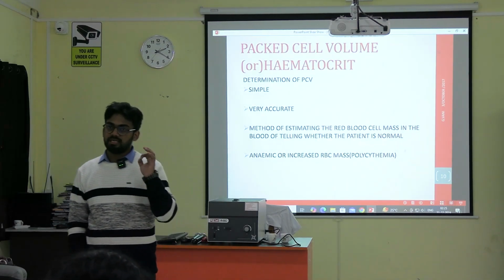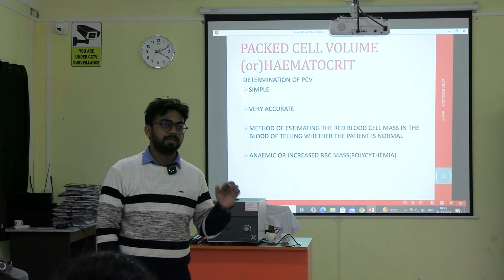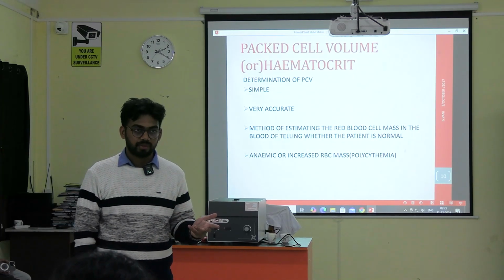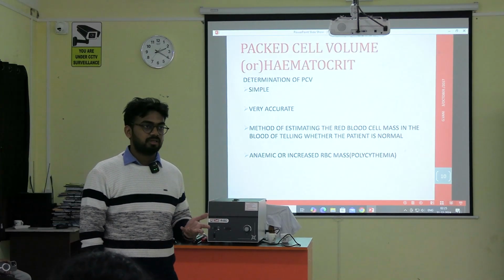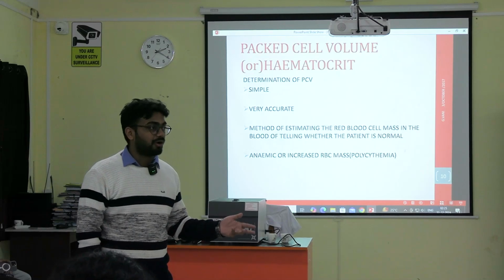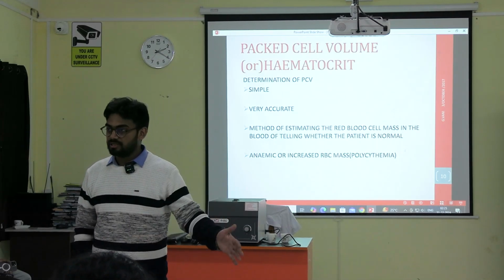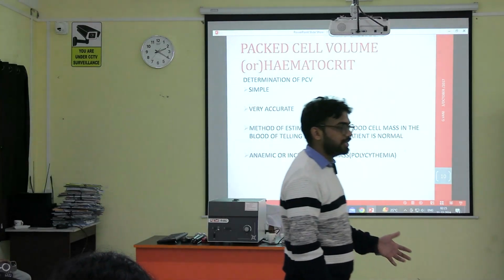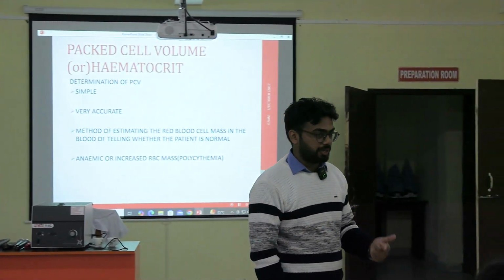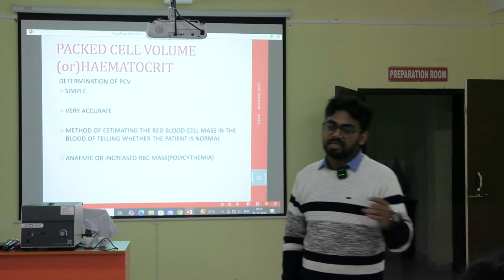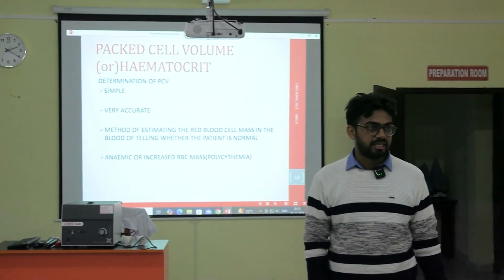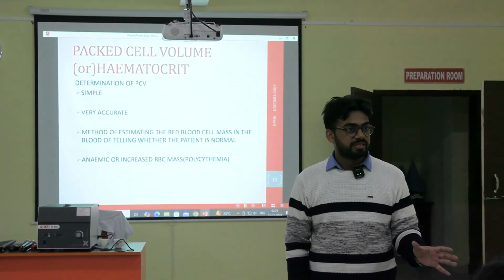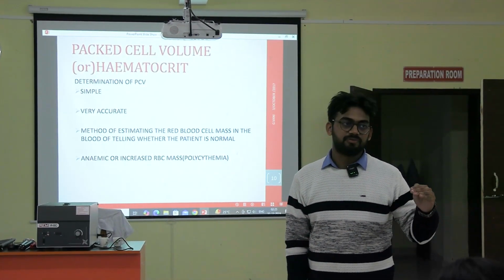Suppose the PCV of a patient has come down. What can it mean? Anemia, one thing, or the blood has been diluted. If the blood is diluted, it has more fluid compartment than cell compartment, like in pregnancy, where there is hemodilution. Then you will have decreased PCV.